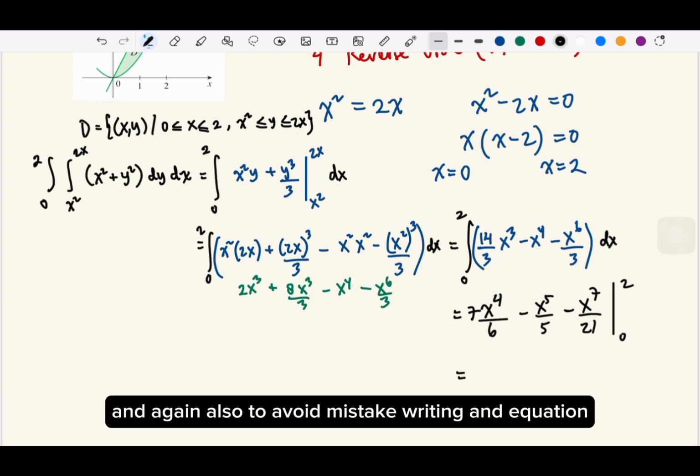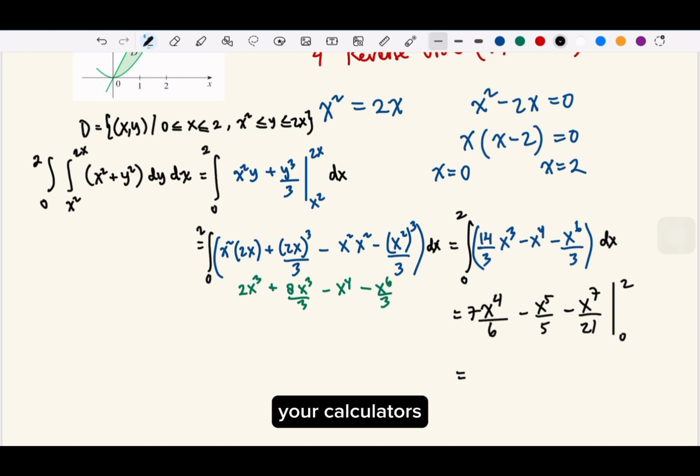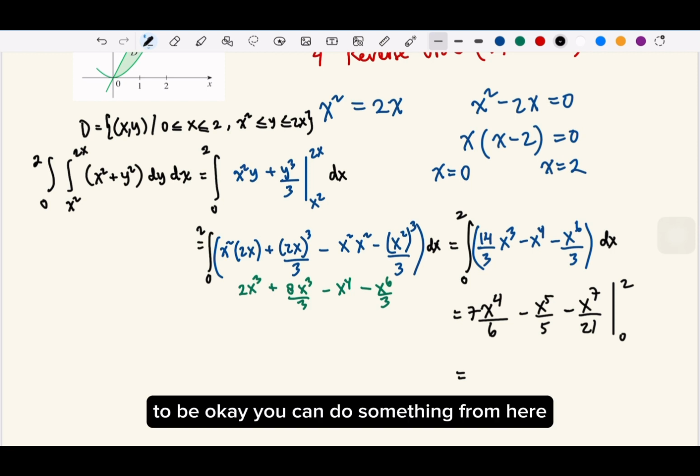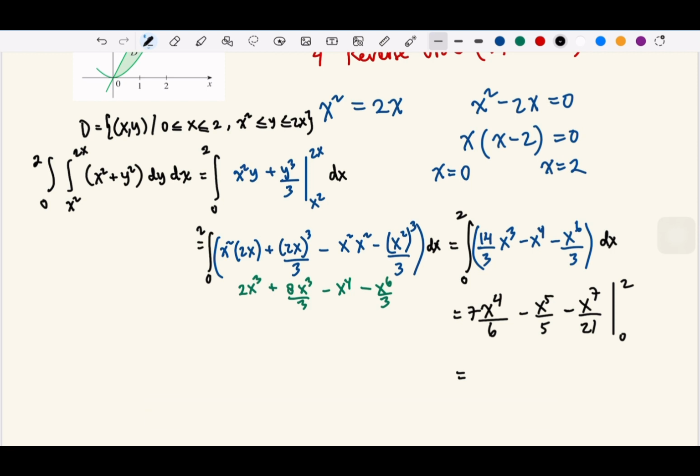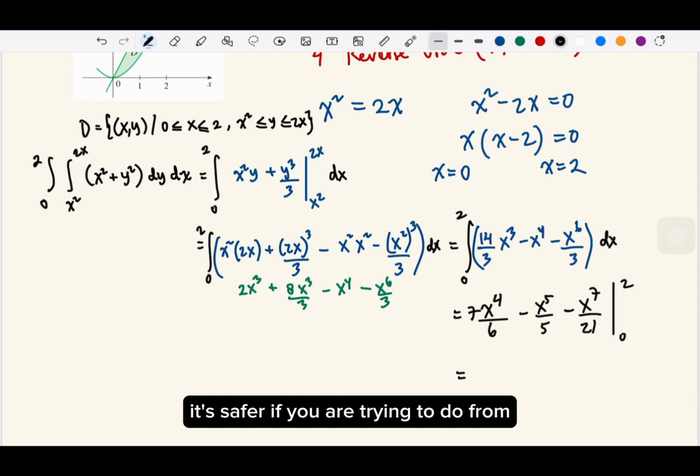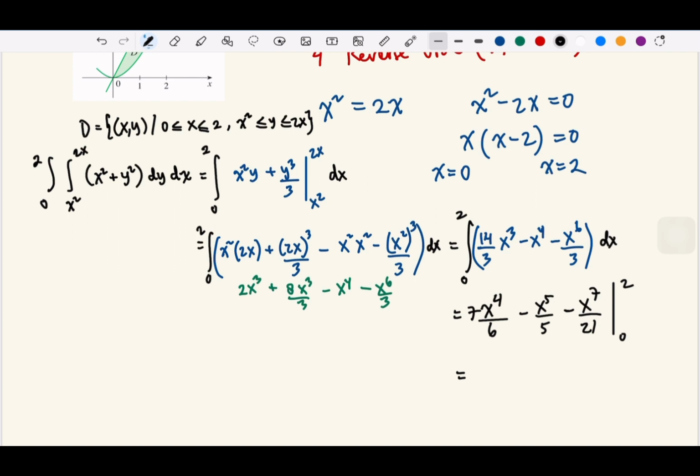And again, also to avoid mistakes writing an equation in your calculator, I think up until this one should be okay. You can do the calculator things from here. It's safer. I don't know if your calculator can do multiple integrals. Can do? No, right?